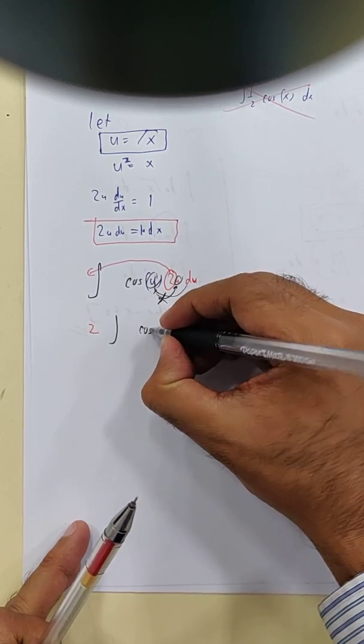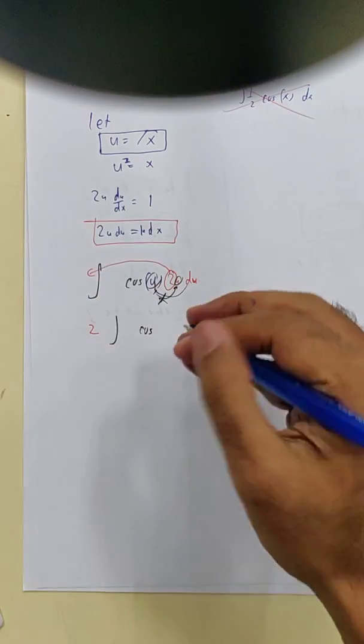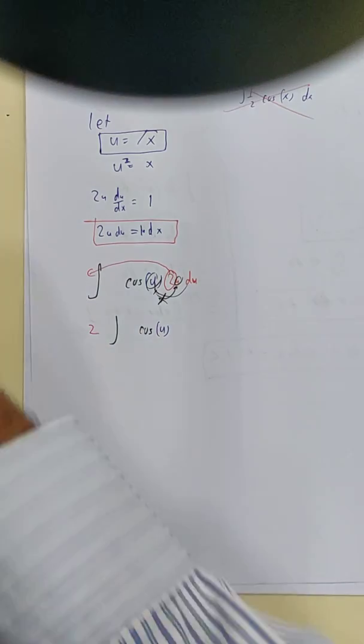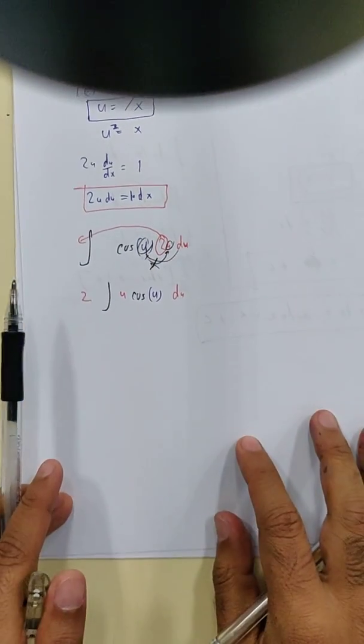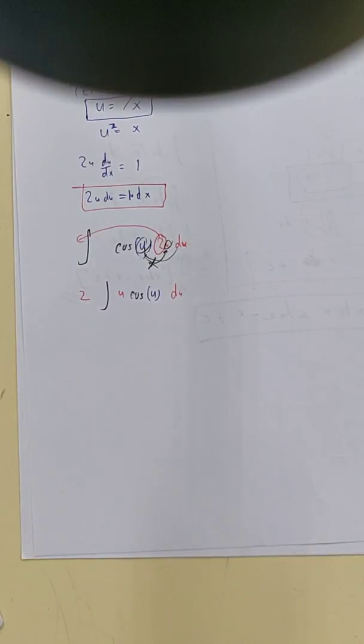So, to make your life a lot simpler, let's rewrite them in this situation. And how do you continue from here? By parts. So this is what we call trigo square root substitution by parts.